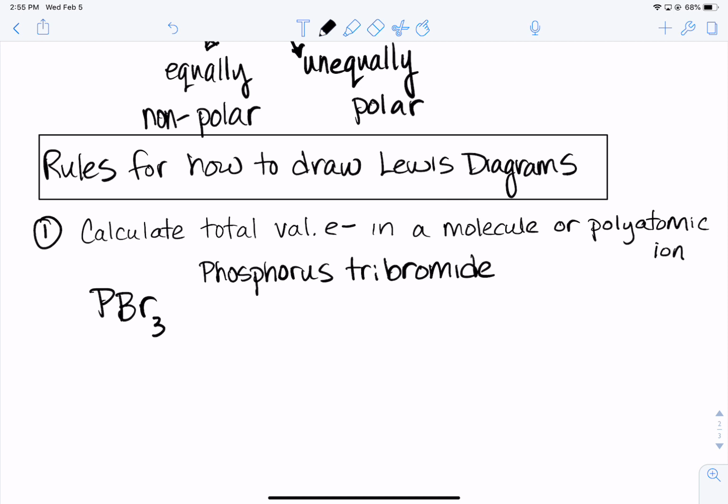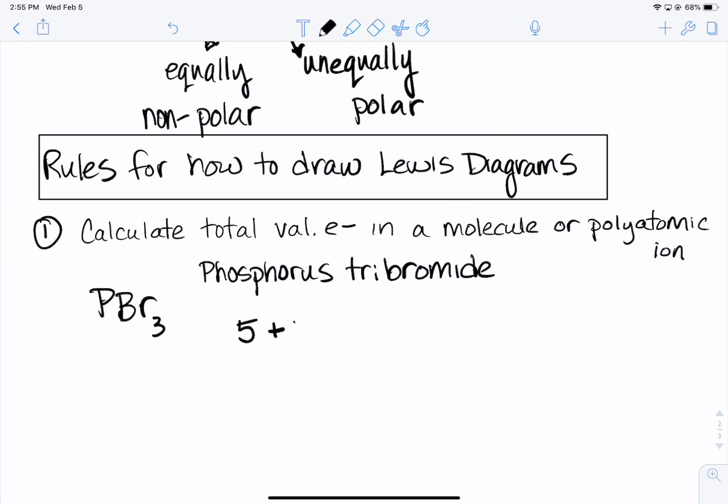All right, so now that we've reviewed naming, let's go back to what I was asking you originally to do. Let's calculate the total valence electrons in a molecule or polyatomic ion. How many valence electrons does phosphorus have? It's 3s2, 3p3, so it's got a grand total of 5.